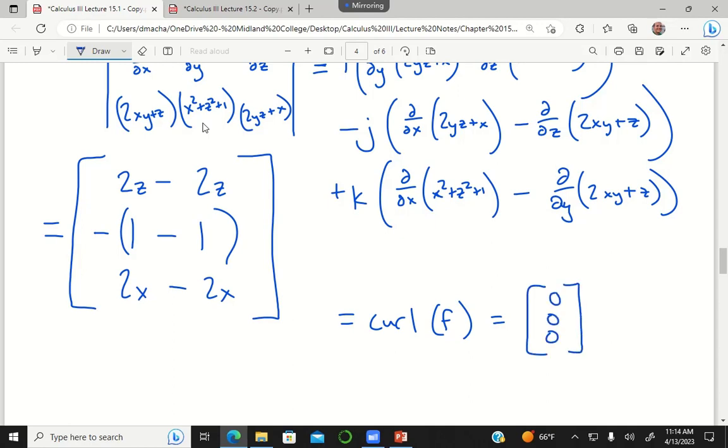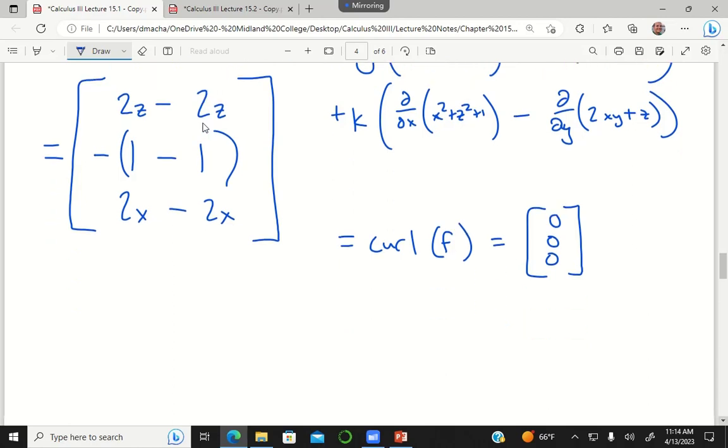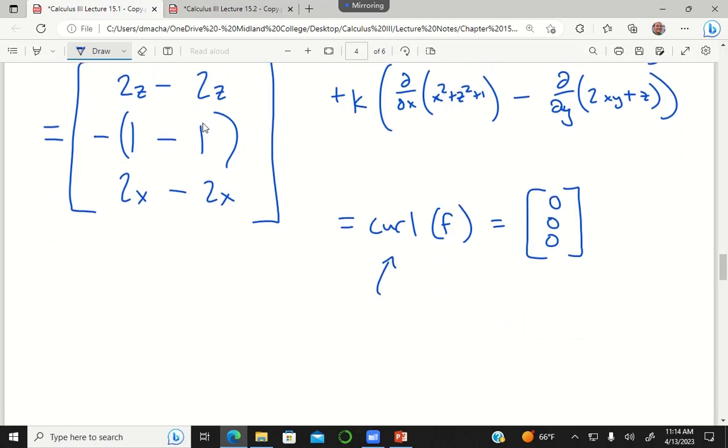And so like your little sheet says, this vector field is what you might call irrotational because the curl is the 0 vector everywhere across the whole vector field. There's no curl happening. And that means this vector field is what?